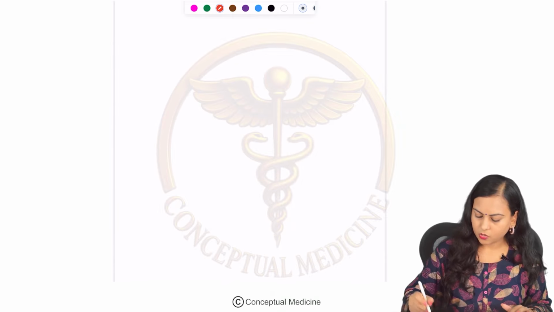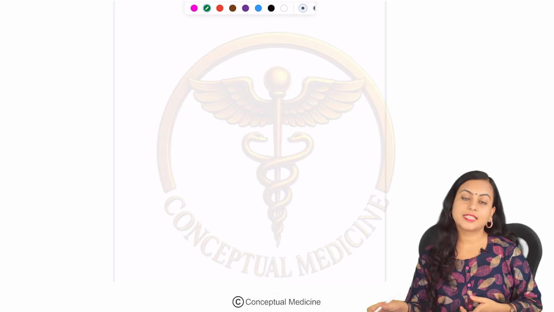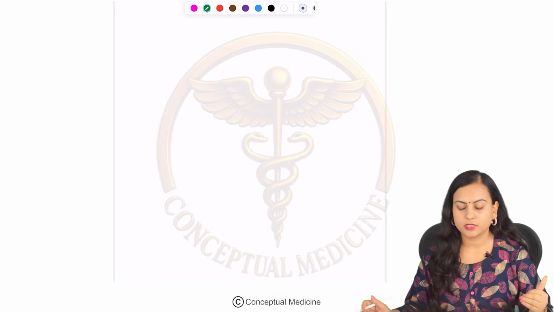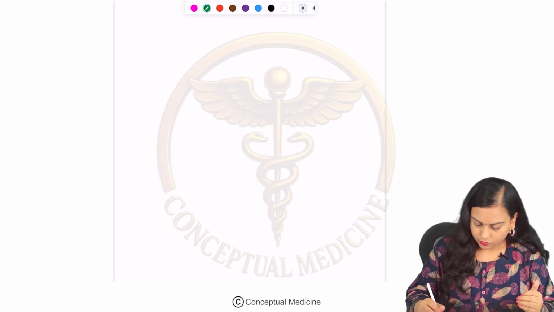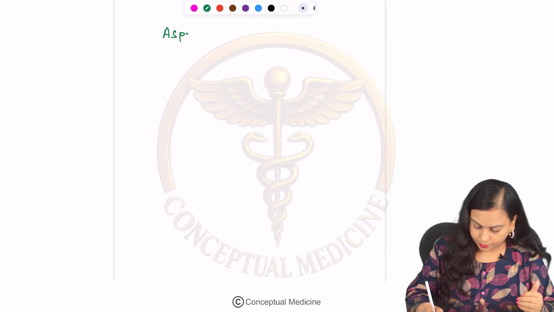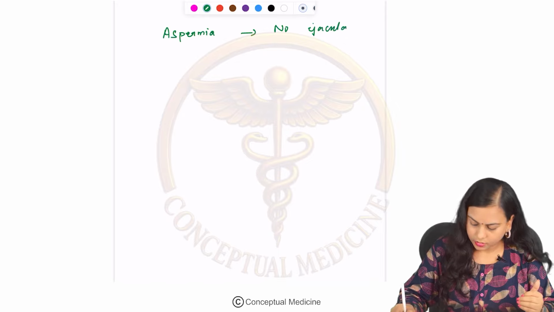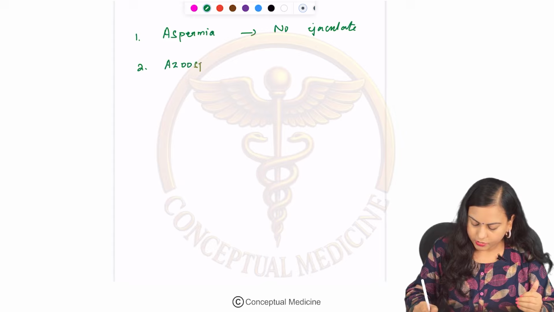Now, let's also see some of the changes that will be seen when there is any abnormality in the sperm characters, right? So these terminologies are also important. So we can have aspermia when there is no ejaculate at all. Then it will be called azoospermia.